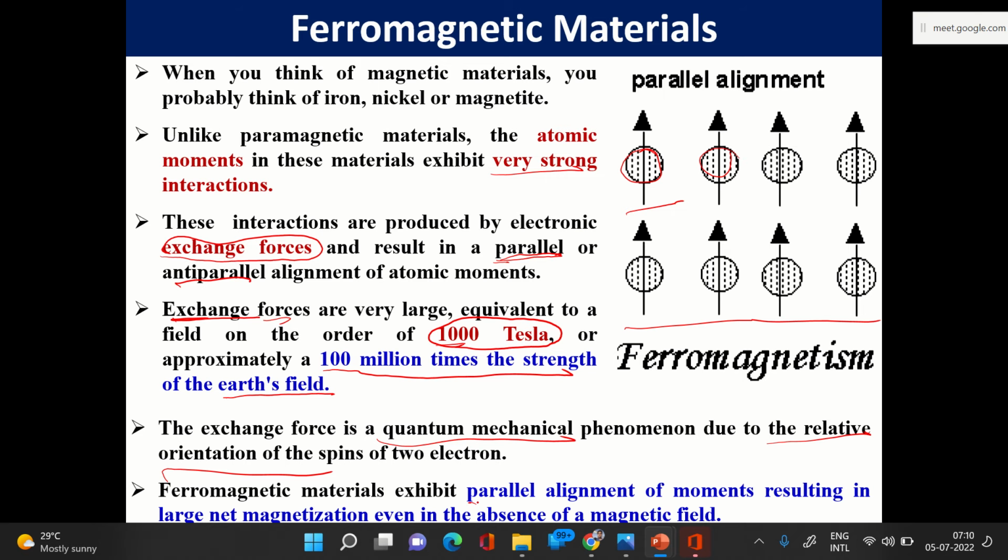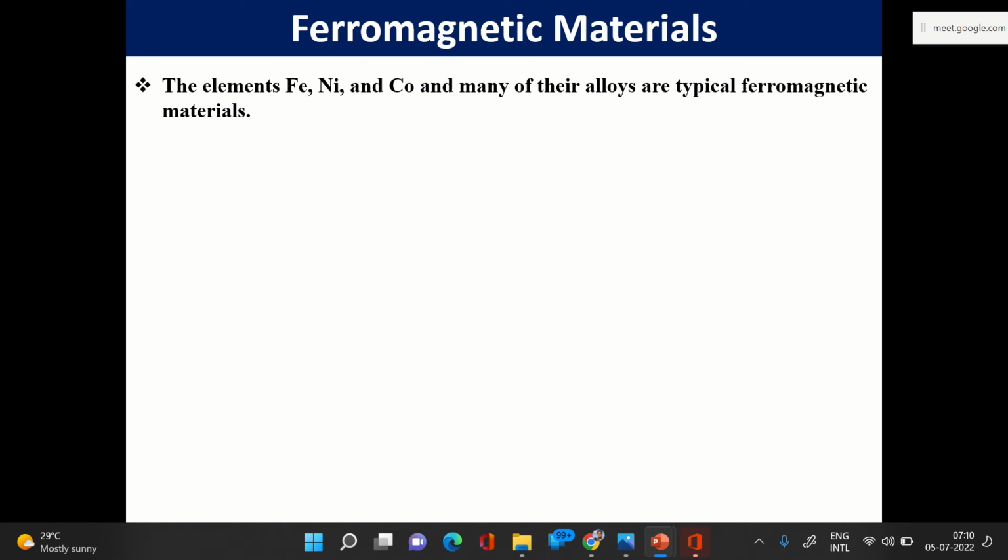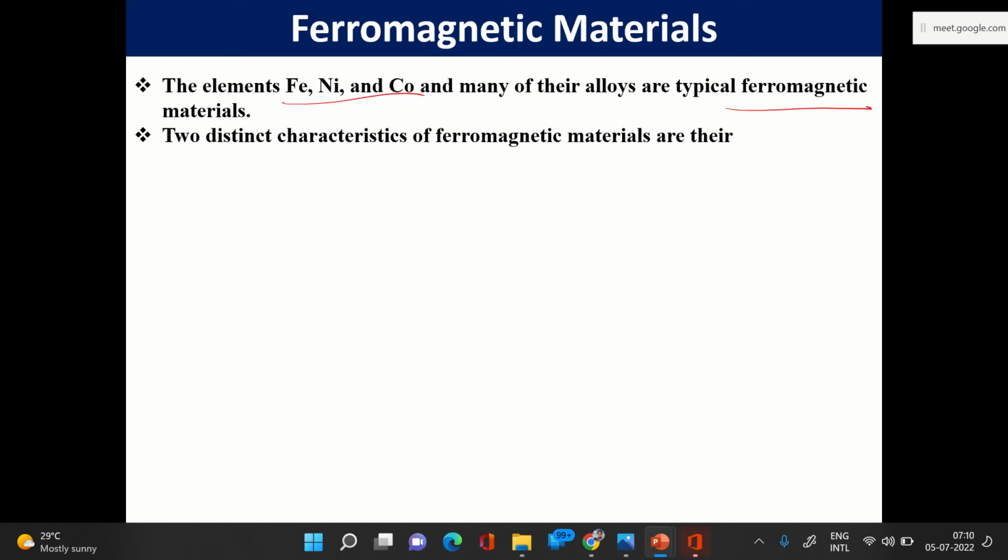Ferromagnetic materials exhibit parallel alignment of magnetic moments even in the absence of a magnetic field. Iron, cobalt, nickel, we all know these ferromagnetic materials.